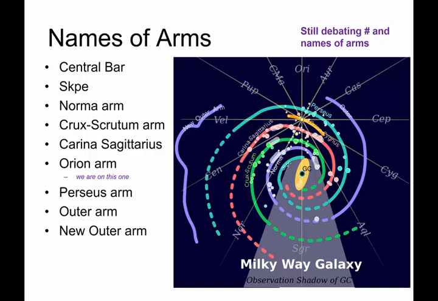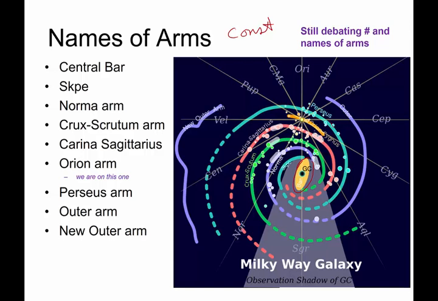The arms of our galaxy have been given names, and they are given names depending upon what constellation you have to look in, or what portion of the sky you look into to see these various arms. So if this is the center of the Milky Way galaxy, if you look towards Perseus, there is the Perseus arm that we see.